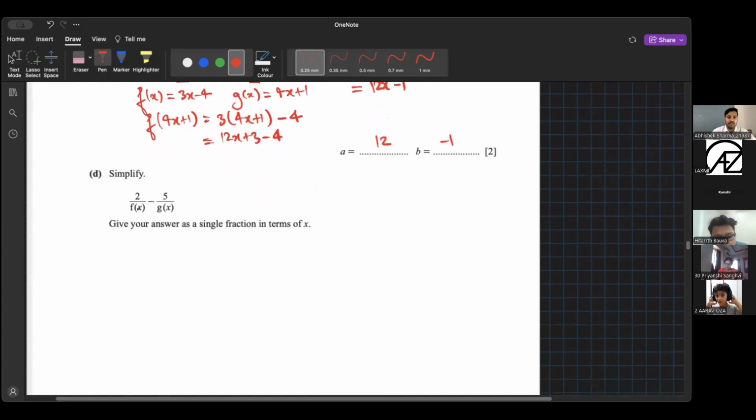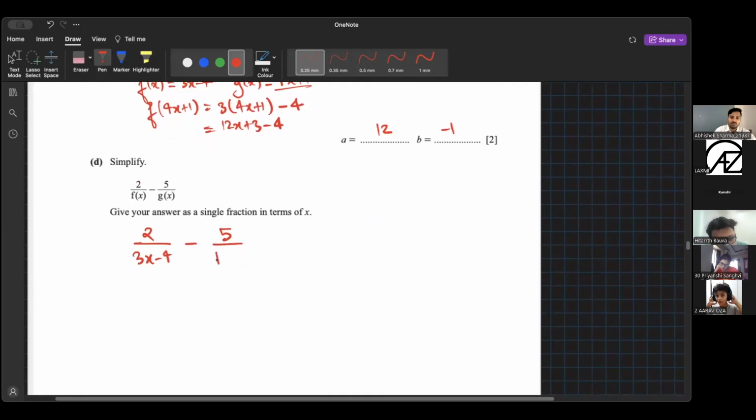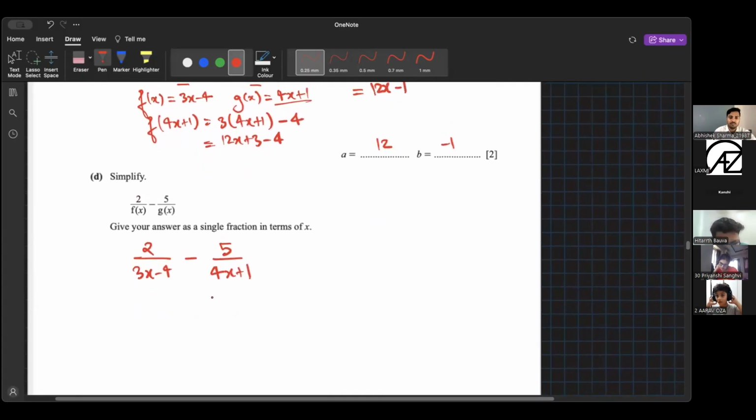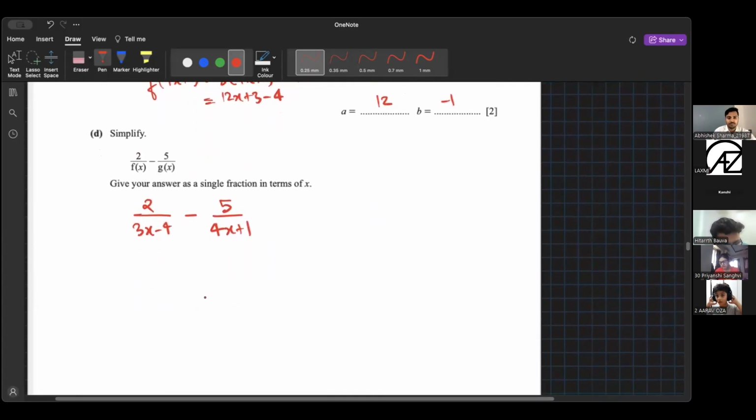Now it says simplify 2 upon f of x minus 5 upon g of x. So 2 upon 3x minus 4 minus 5 upon 4x plus 1. Whenever there's a fraction like this, we do cross multiplication. So 2 times (4x plus 1) minus 5 times (3x minus 4), whole divided by (3x minus 4) multiplied by (4x plus 1).